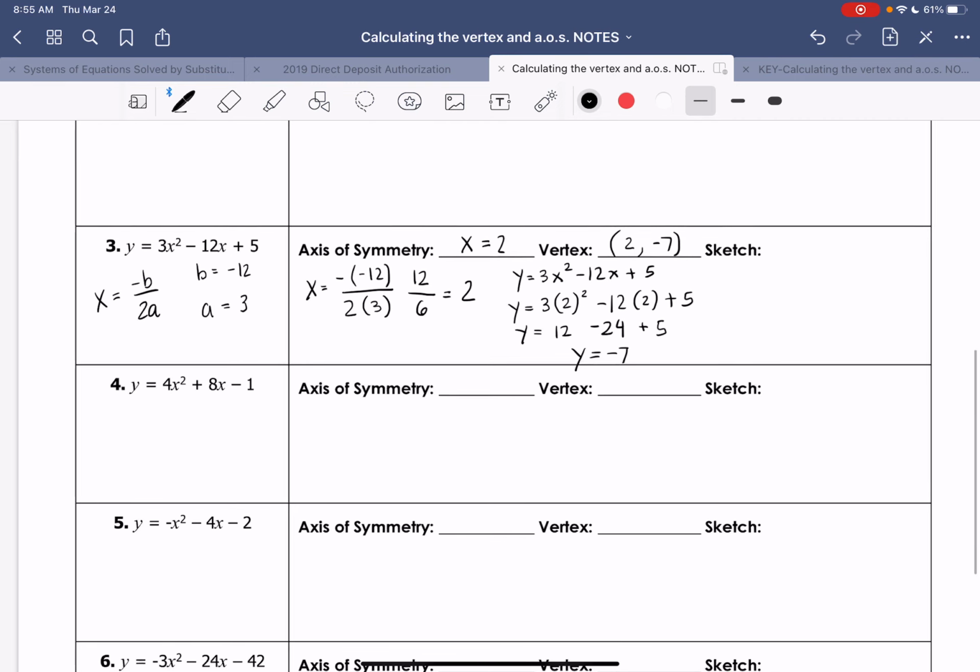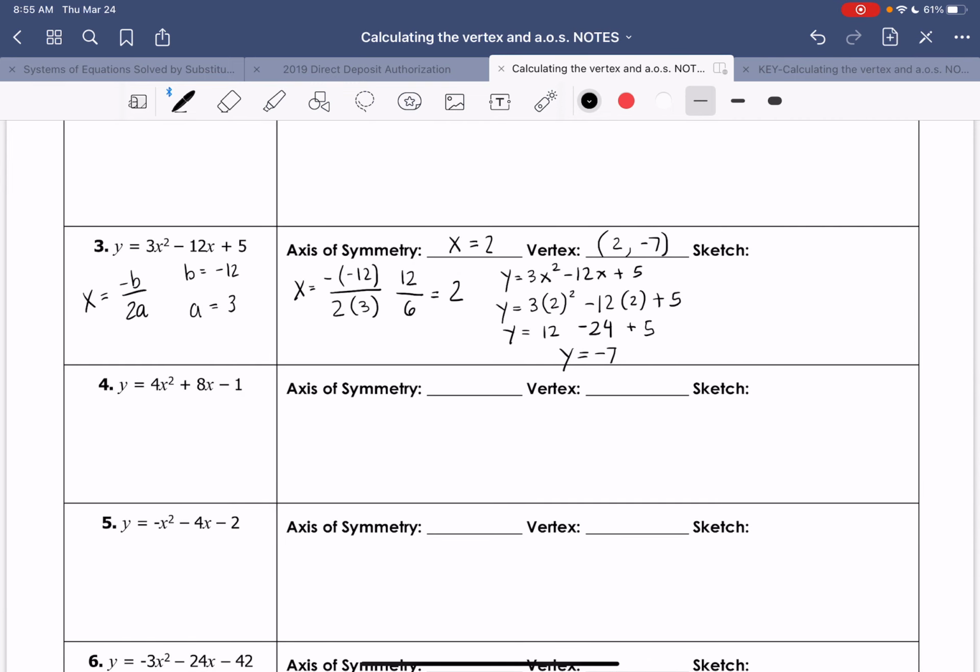So let's go ahead and sketch our little graph over here. Again, we haven't talked about how wide or narrow the parabolas are, so this is just a very general sketch. So I'm going to count 1, 2, and 1, 2, 3, 4, 5, 6, 7. So my axis of symmetry is going to be at x is equal to 2.